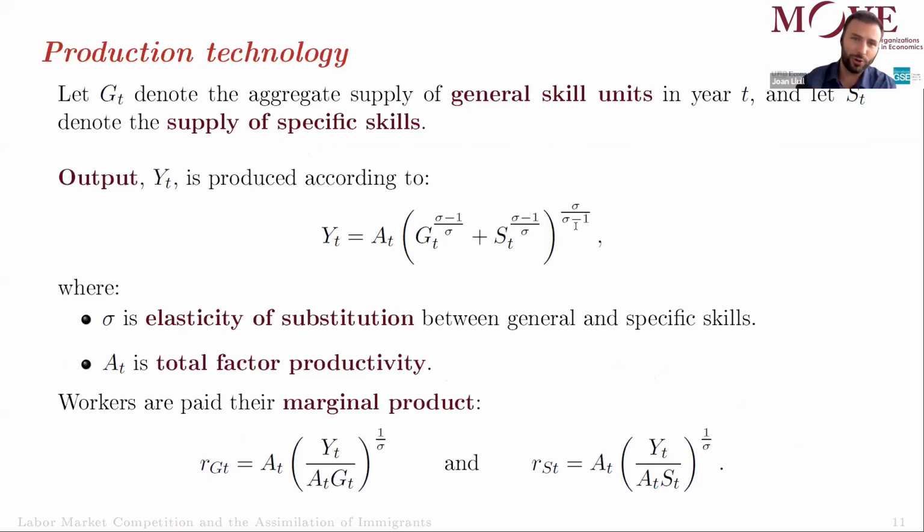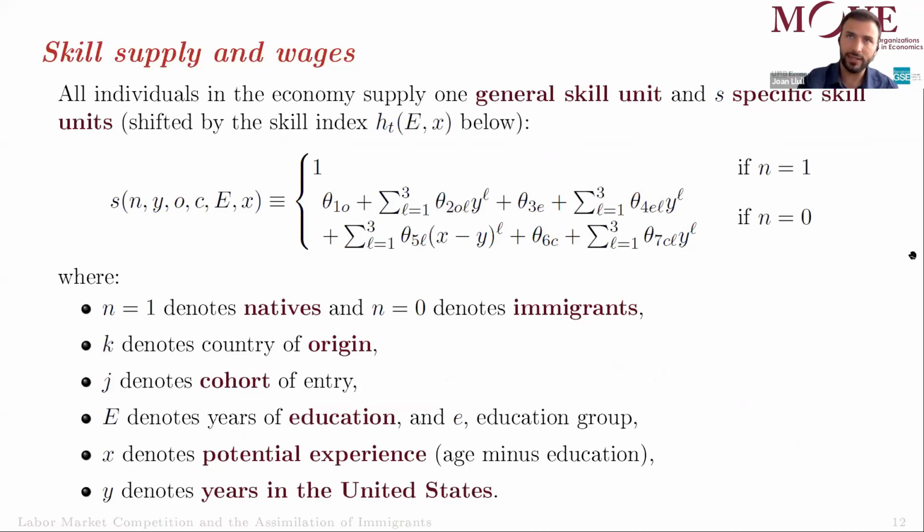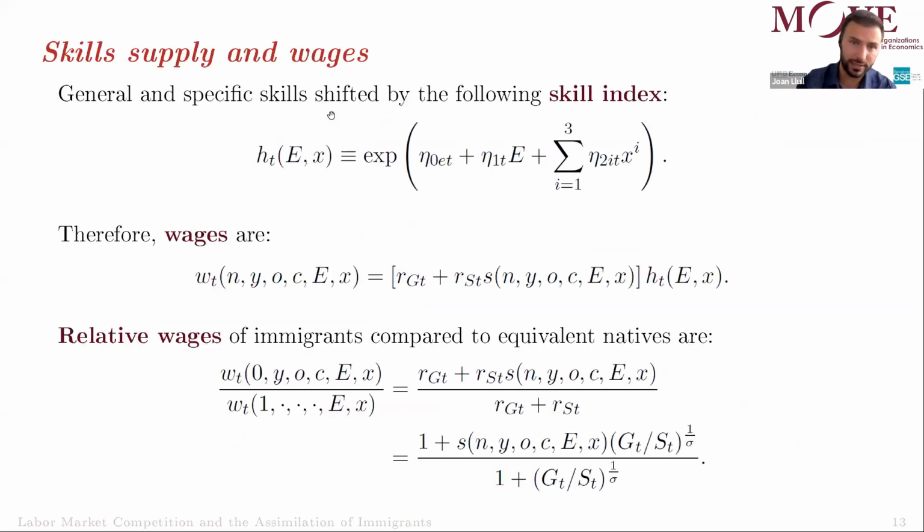We do allow for changing demand types of effects in two ways, okay? In our baseline specification, this is included in this index of skills. Every census year, the returns to skills change. So for example, skill-biased technical change pays more to highly educated people over time. This is included, okay? Then there could be something else as well, which is that over time, there are changes that not only affect the general supply of skills, but also affect the relative demand of general versus specific skills.